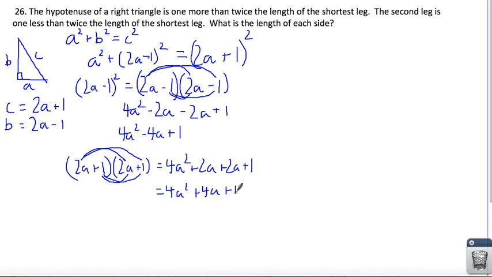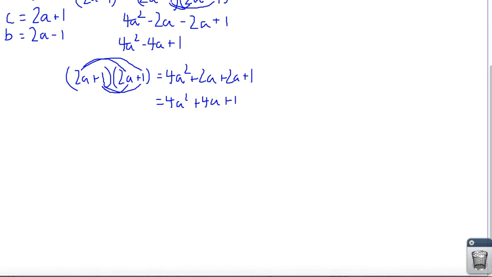So when we expand those, we then get A squared plus 4A squared minus 4A plus 1 equals 4A squared plus 4A plus 1.